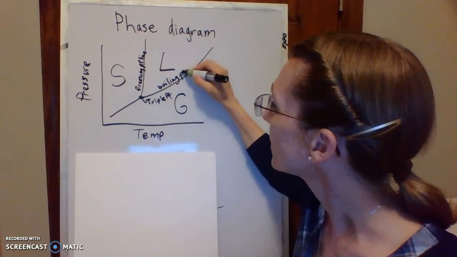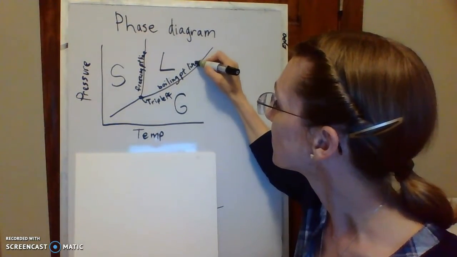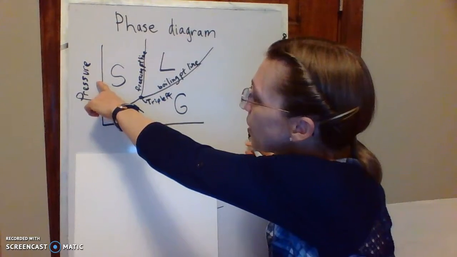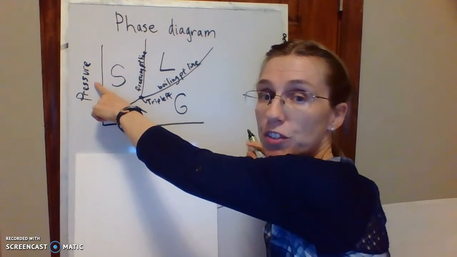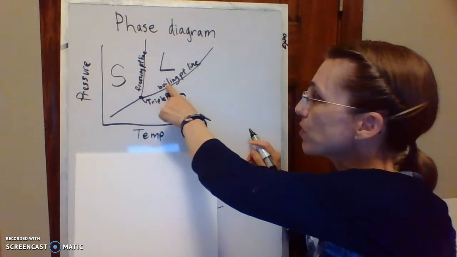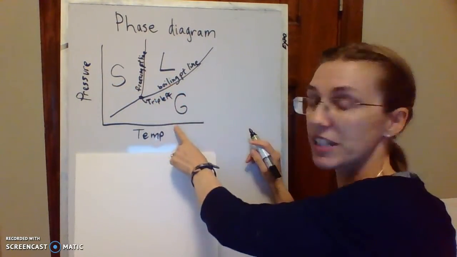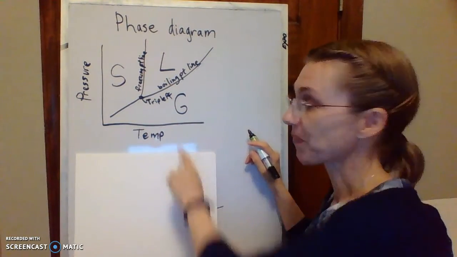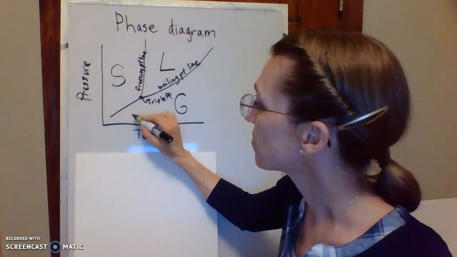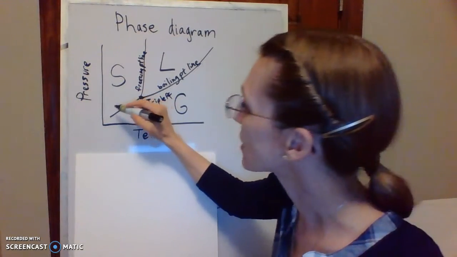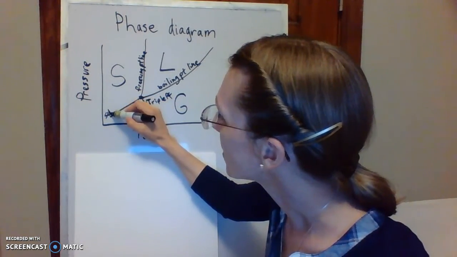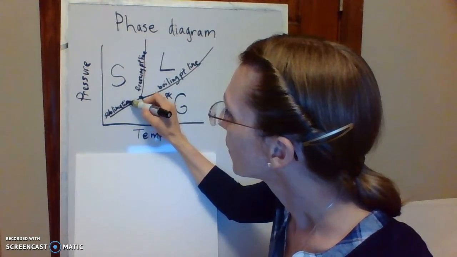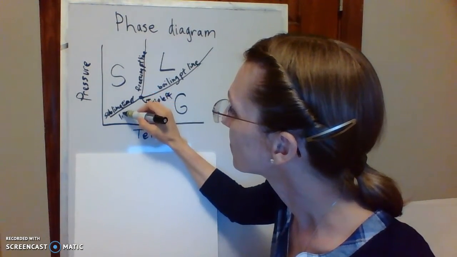So this is the boiling point line. If you want the boiling point at a particular pressure, you just look at the pressure, come over to the boiling point line, go down, and you can find the temperature at which that boiling point happens to be. And of course, your transition between your solid and your gas, it's sublimation. So this is the sublimation point line.